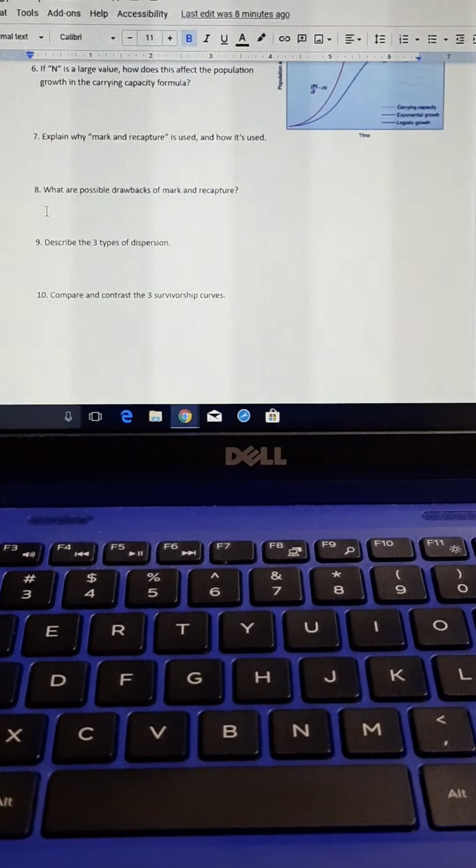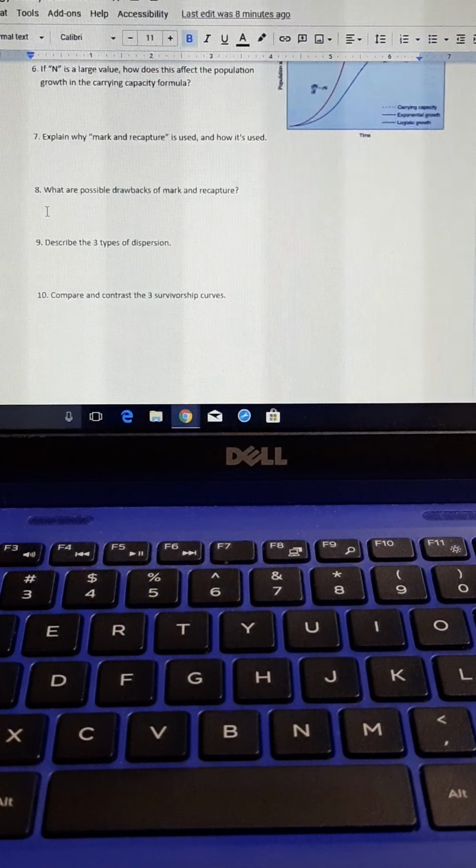We could use this to find the density of a given region. Let's say that the number in the population first marked was 15, the total in the second catch was 18, and the number marked in the second catch was just 3, that would be 90.